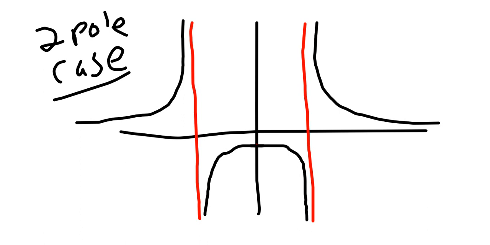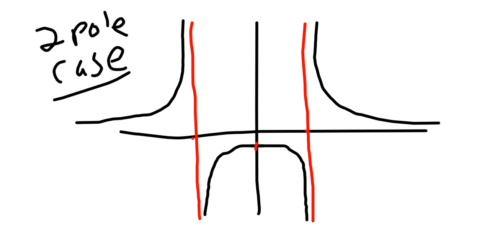Remember, we found the location of that maximum by taking the x value as the average between the two poles and then plugging it into f at x to find the y value.